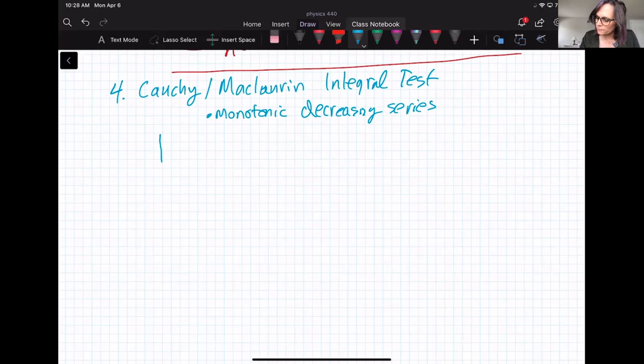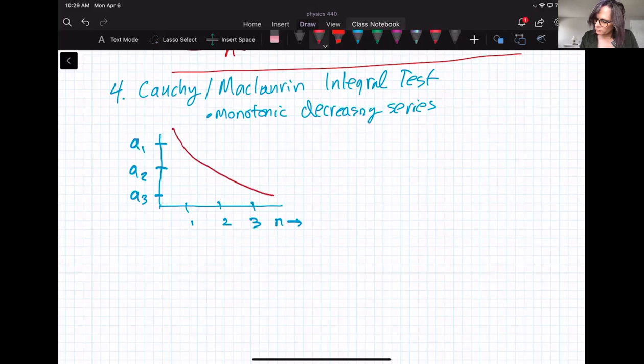So what you should think about, for example, is say 1, 2, 3, this is your n-axis. And then since we're looking at monotonically decreasing values, and so on, you might have a function that looks like this, right? And what you're doing is defining y as your a sub n.